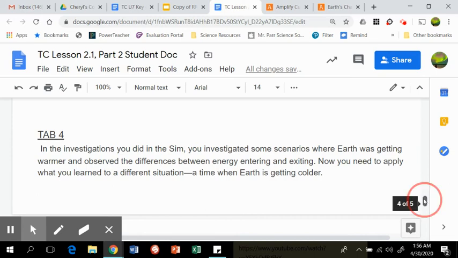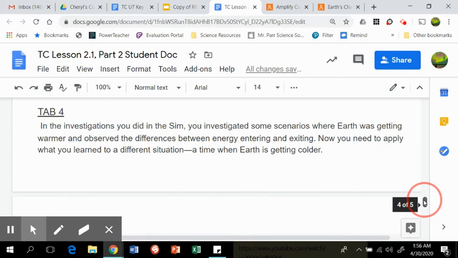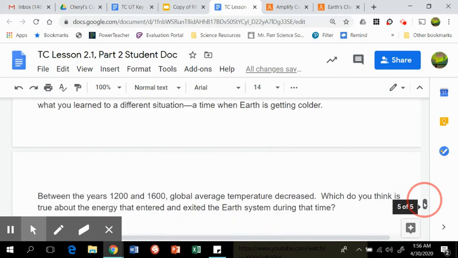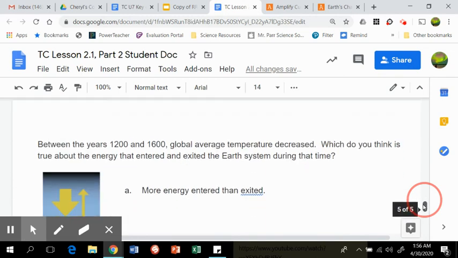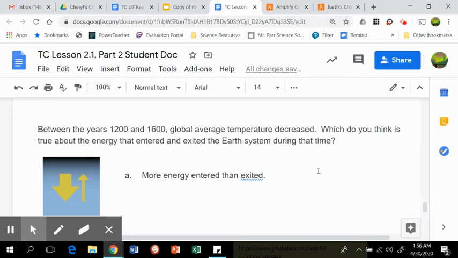Now you need to apply what you learned to a different situation, a time when Earth is getting colder. Between the years of 1200 and 1600, global average temperature decreased. Which do you think is true about the energy that entered and exited the Earth system during this time?